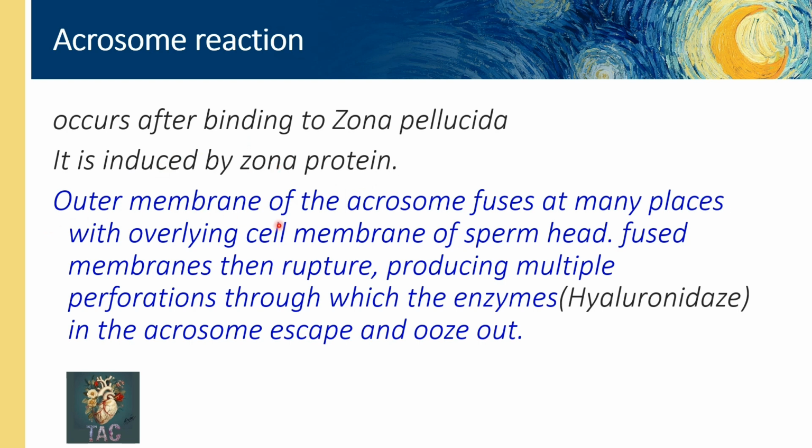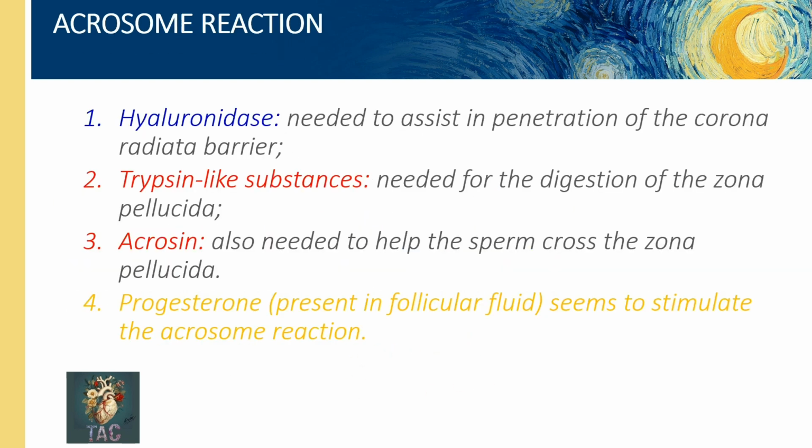The outer membrane of the acrosome fuses at many places with the overlying cell membrane of the sperm head. The fused membranes then rupture, producing multiple perforations through which the enzyme hyaluronidase in the acrosome escapes. In the acrosomal reaction, hyaluronidase is secreted, which assists in penetration of the corona radiata barrier.